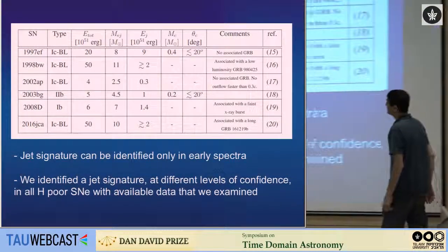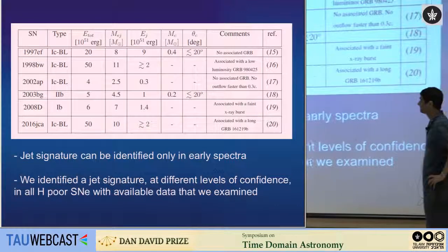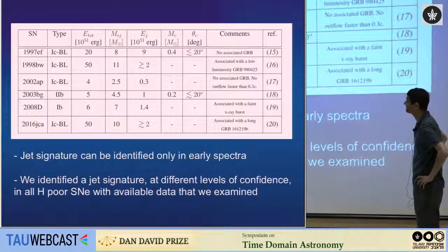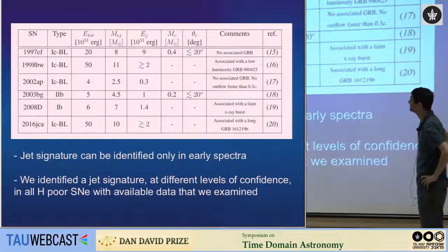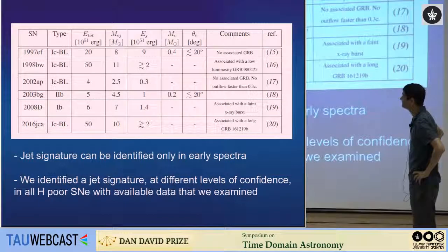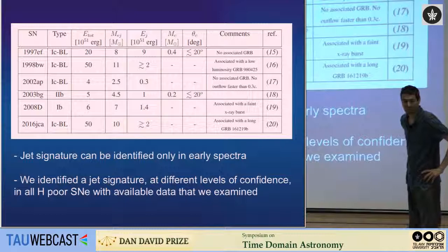Okay, I'm not an expert in this modeling, but I worry a bit. Is there any evidence that 2008D, for example, is 6 times 10 to the 51 ergs? Last time, that seems to be very high for what appears to be an ordinary 1B supernova. I'm not sure.